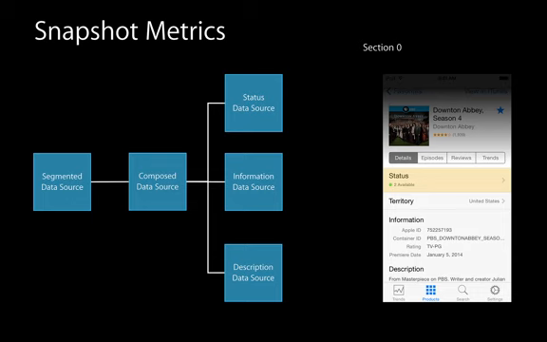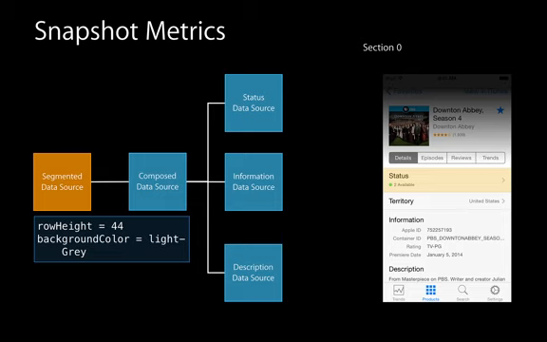And we begin our snapshot at the very least specific data source, which is the segmented data source. Now, in this case, these are actually the default metrics for the entire product details. And that's row height equals 44, background color equals light gray. That means everything is row height equals 44, background color equals light gray. So that's what we start with.